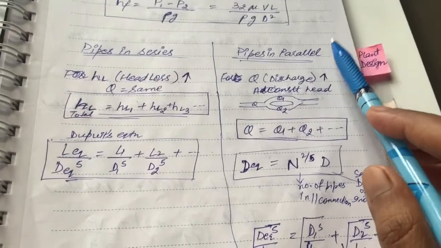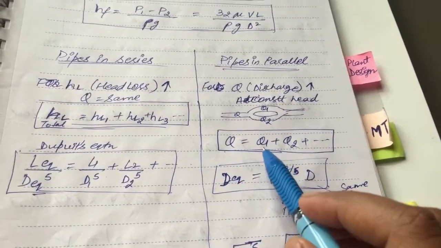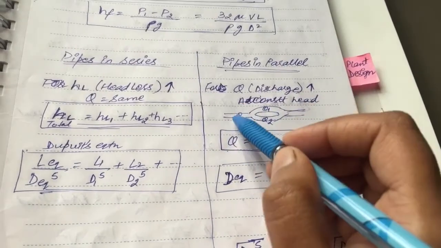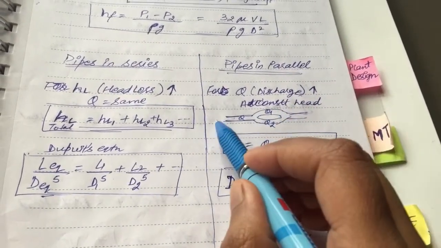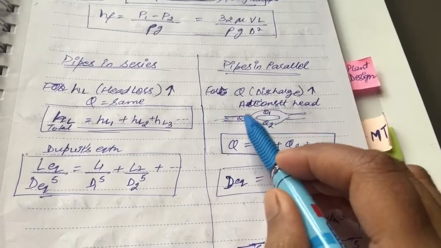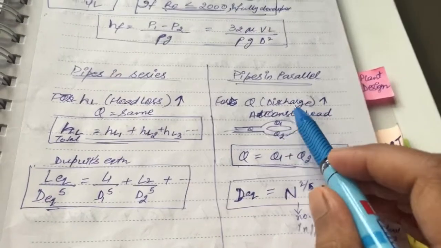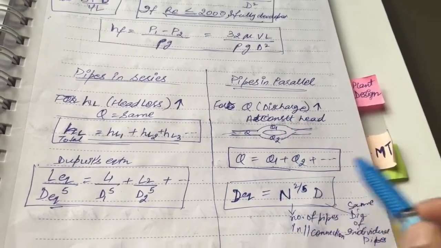And in case of parallel flow, total Q would be equal to Q1 plus Q2 plus Q3. Like supposedly this is a pipe and flow is taking place and these are two parallel pipes, so this Q would be equal to the sum of all the parallel pipes. So Q would be Q1 plus Q2 plus, and so on.